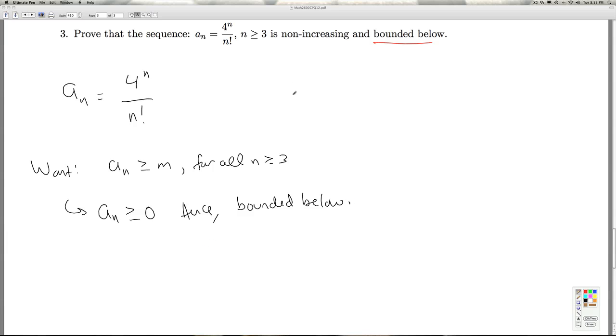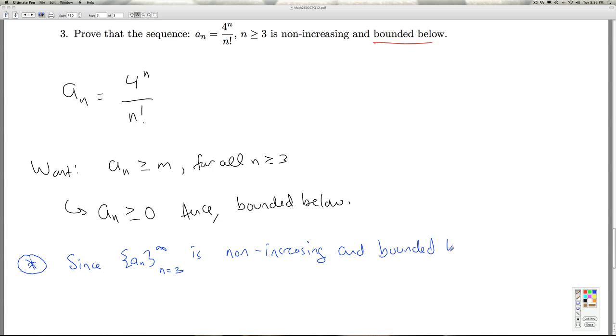Now, even though this doesn't ask us this, what do we know? I'm just going to write this in here as an afterthought. Since the sequence a_n is non-increasing and bounded below, the sequence a_n must do what?